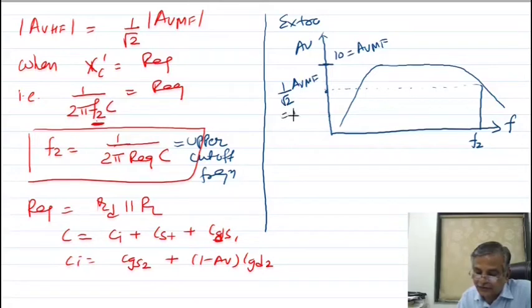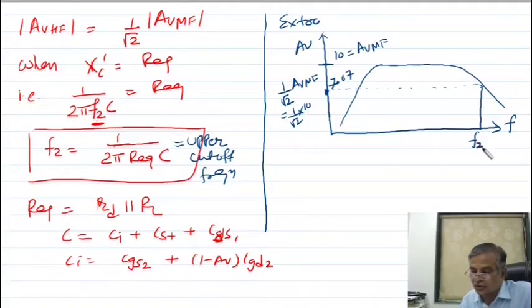So it is nothing but 1 by root 2 into 10, so this value is 7.07. So f2 is the frequency at which the gain of the amplifier is 1 by root 2 times the gain of the amplifier at mid frequency.